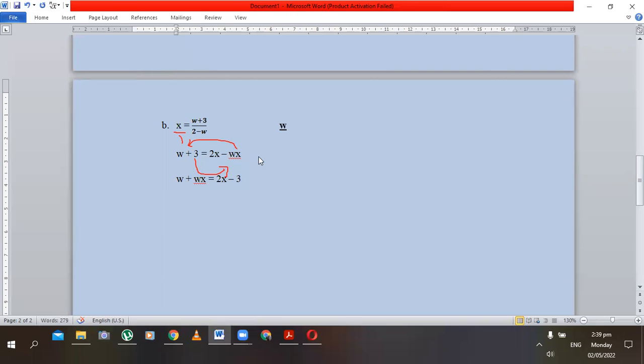There we factorize. Remember, when the letter is alone, it means the coefficient is 1, meaning the number before that letter is a 1. So if we take out a w outside, what remains there is a 1, plus we take out a w there, what remains is an x, which must be equated to 2x minus 3.